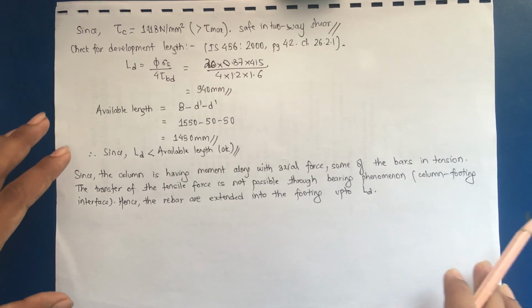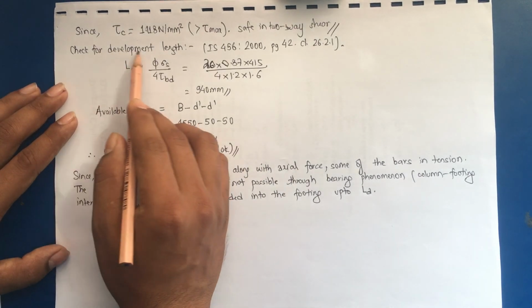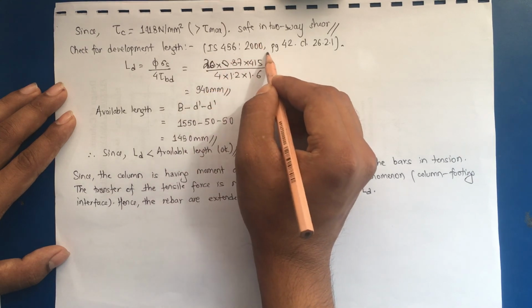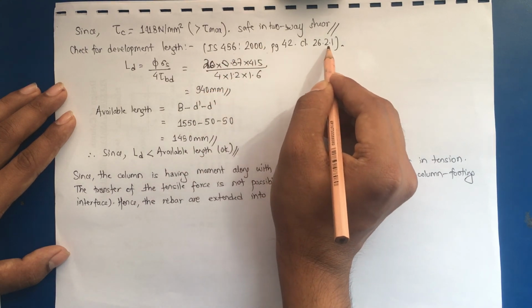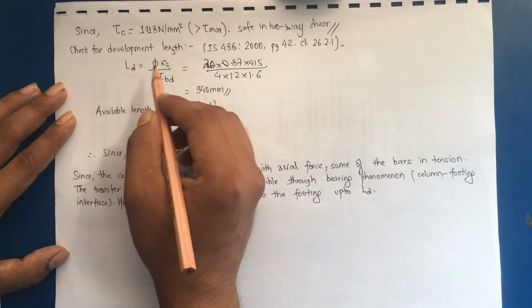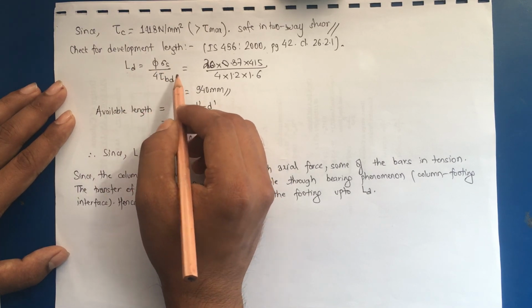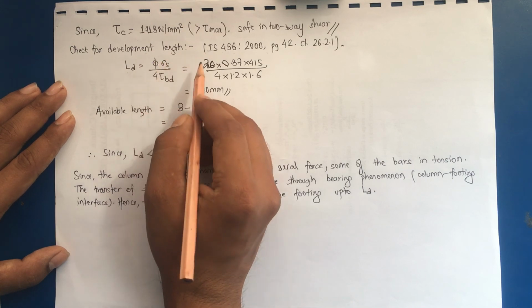The final step is to check for development length, and IS 456-2000 says, from page 42 clause 26.2.1, the development length will be equal to phi sigma s by 4 into tau bd, where phi is the diameter of the bar from the column.